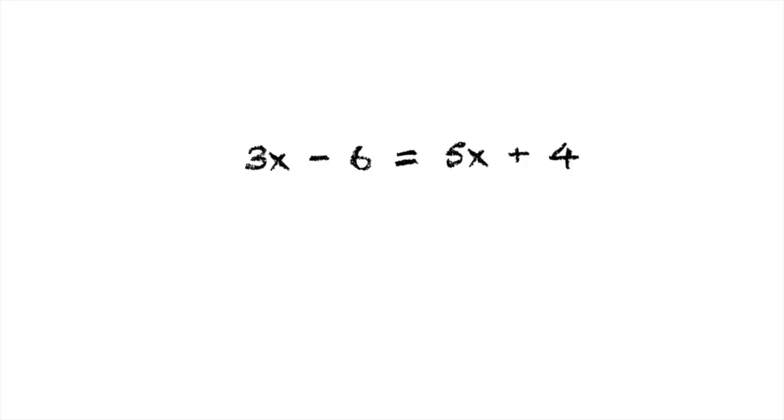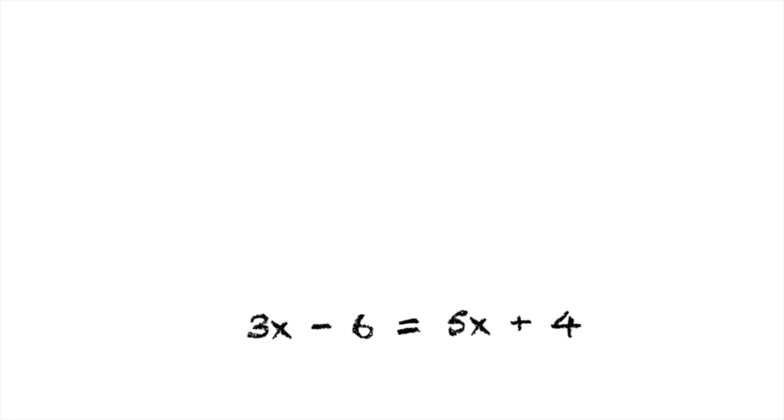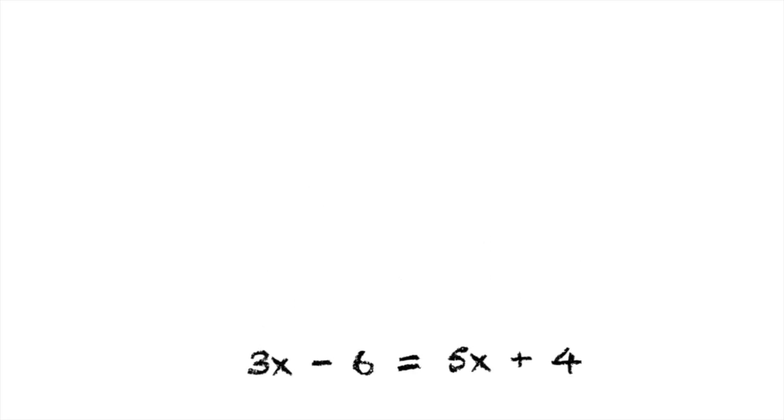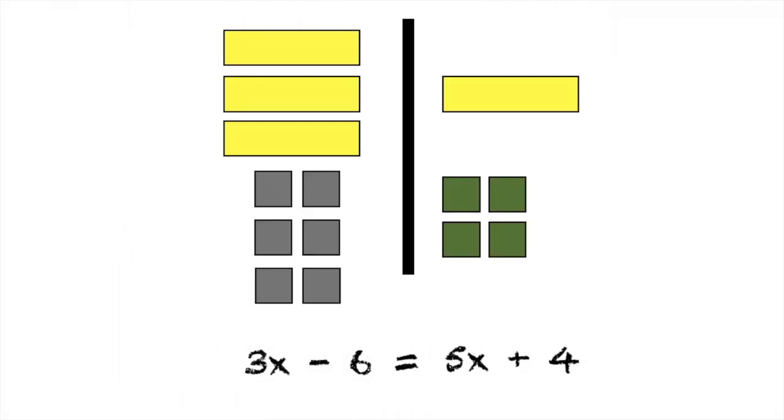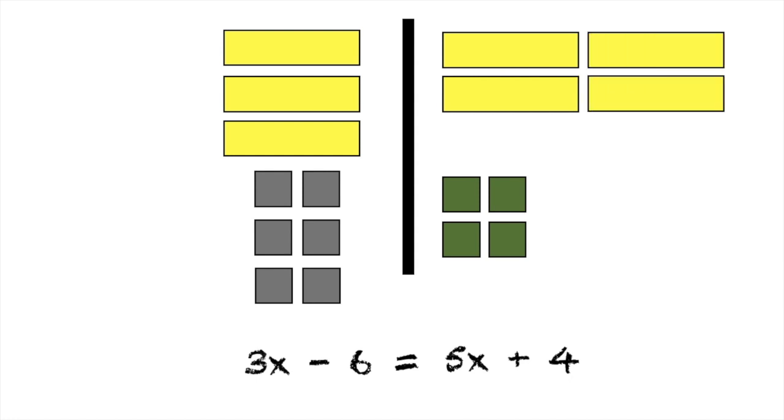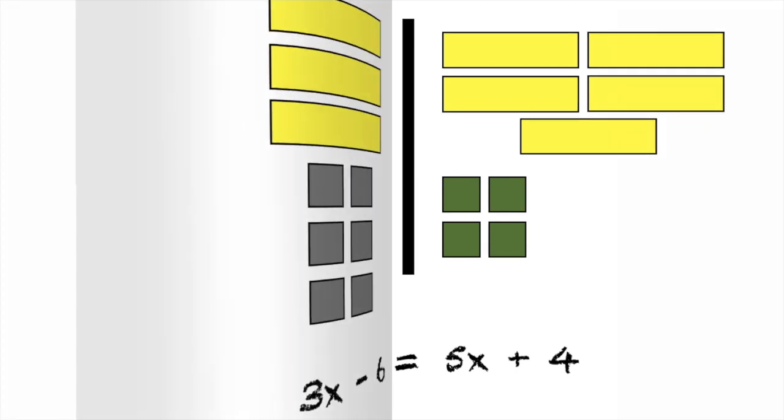Now let's look at this equation. We have 3x minus 6 is equal to 5x plus 4. How can we make sure that we only have x's on the left? So we have 3x pieces, negative 6 is equal to 5x plus 4. With this layout, we can subtract 5x from each side.